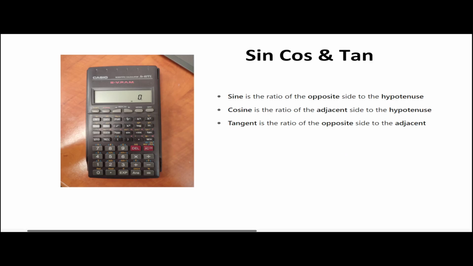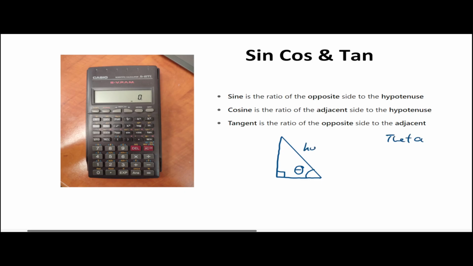So what does that actually mean though? Well, imagine I can draw, and we have our right angle triangle here. So here's our right angle, and we have our angle that we're interested in, and we're going to call that theta, the Greek letter theta.